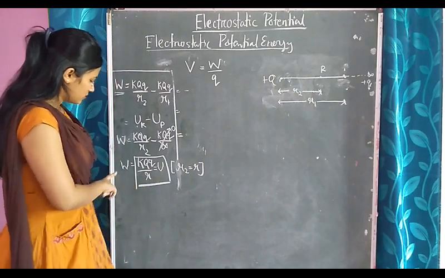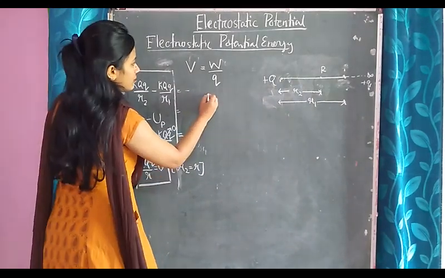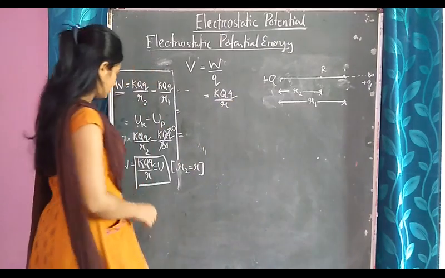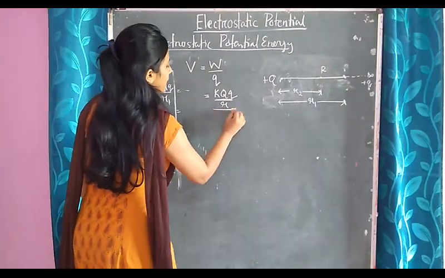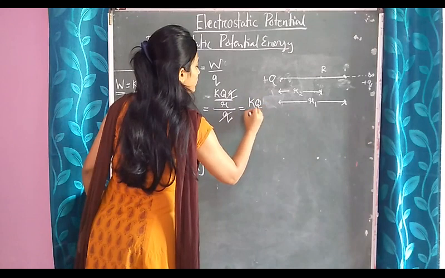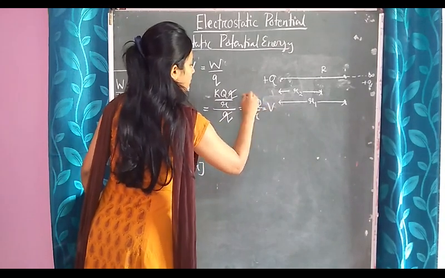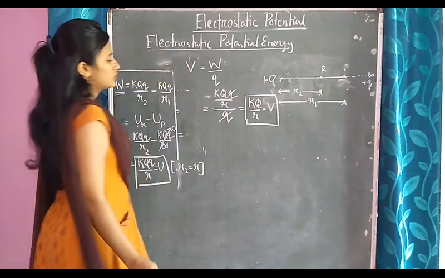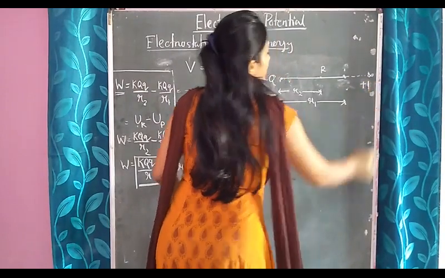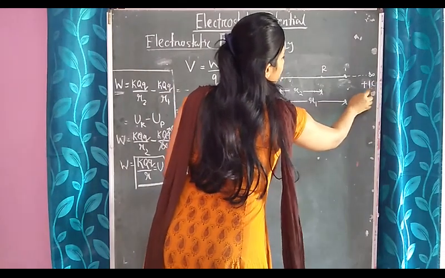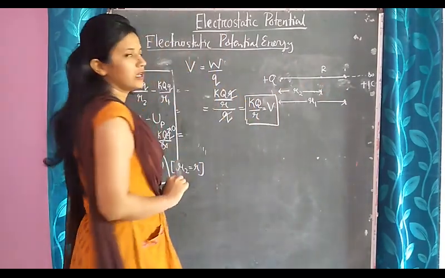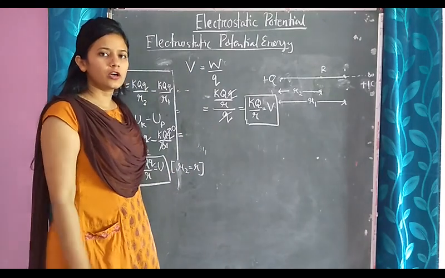That means we got this value, W is KQ by R, divided by Q. So Q will be cancelled and the potential value will be KQ by R. So if I bring a unit charge, suppose +1 coulomb, from infinity to that point, the work done is equal to the electrostatic potential.